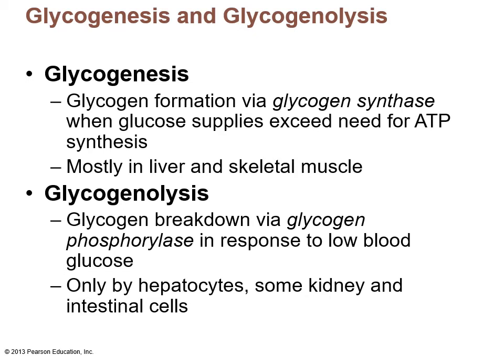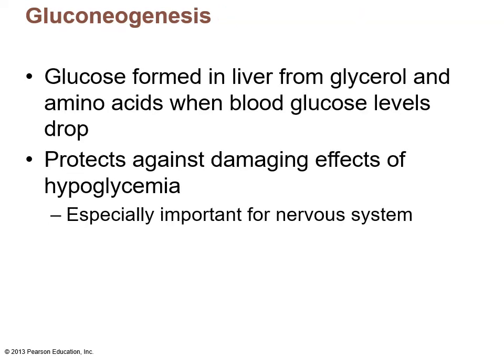Glycogenolysis is the breakdown of glycogen. Now that's in response to low blood levels of glucose. So in between meals, you're going to break down glycogen, convert it into glucose, and keep blood glucose levels normal. Gluconeogenesis, that word means creating glucose from non-carbohydrate sources.